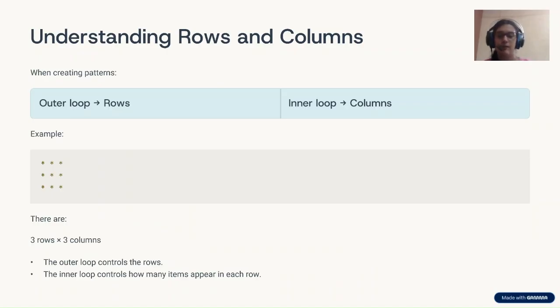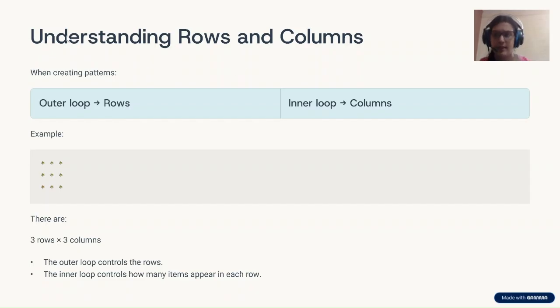So when we use nested loops to create patterns, we can think of the output as a table. The outer loop usually controls the rows of the table, the horizontal ones, and the inner loop usually controls what happens inside each row, in the columns, the vertical ones, such as the number of stars or numbers.